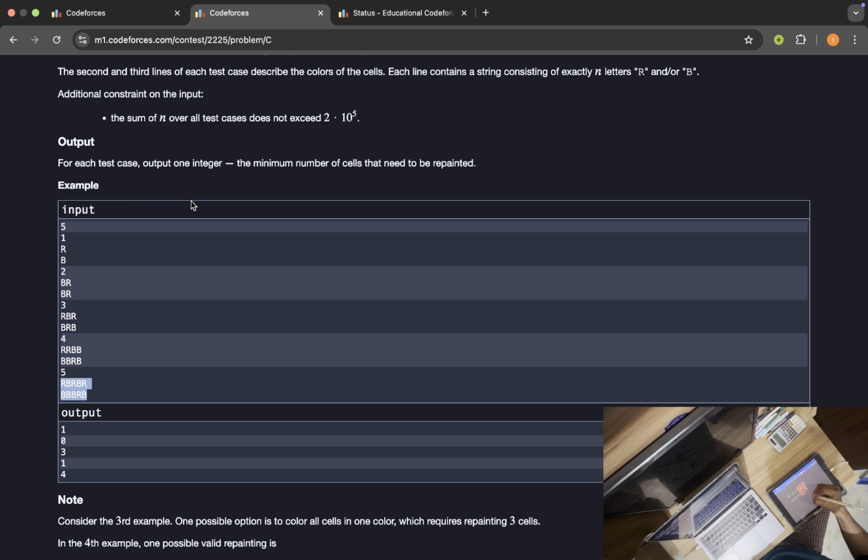If B pairs up with this one, they have to pair up like that. So I have only 2 options. Let's take a better example, I guess. Yeah, that's only one. So that's one answer.